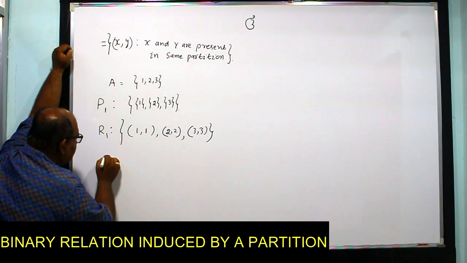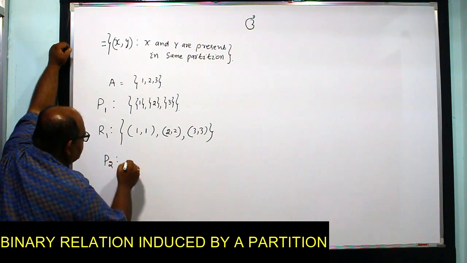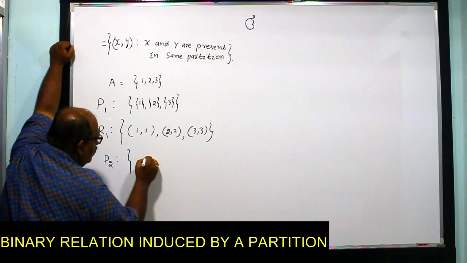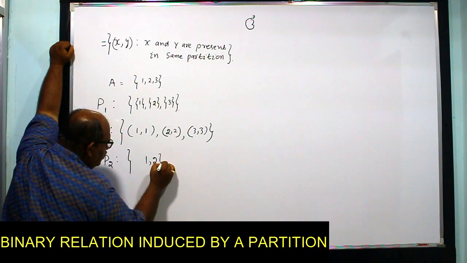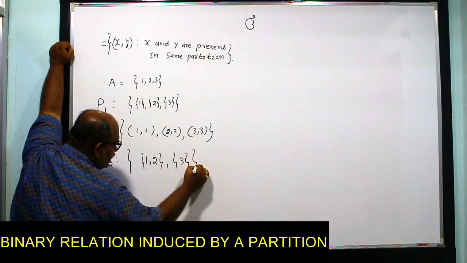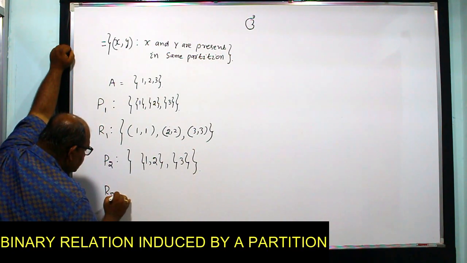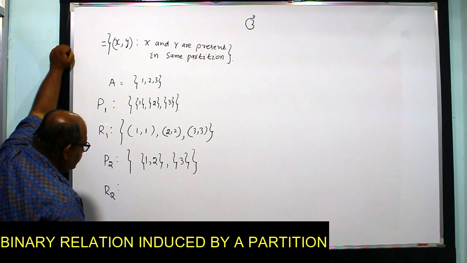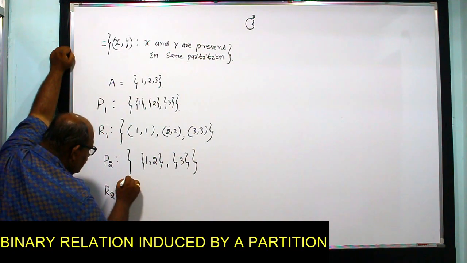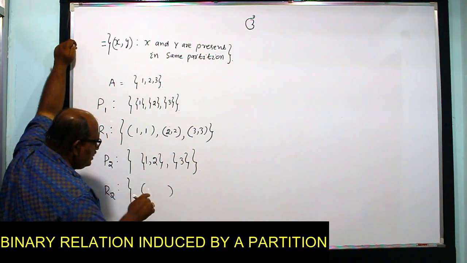Let us take another example so that you can understand clearly. Partition 2 we have written {1, 2}, {3}. This is the partition 2. Now let us write the binary relation induced by this partition, R2, (x, y) such that x and y are present in the same subset.